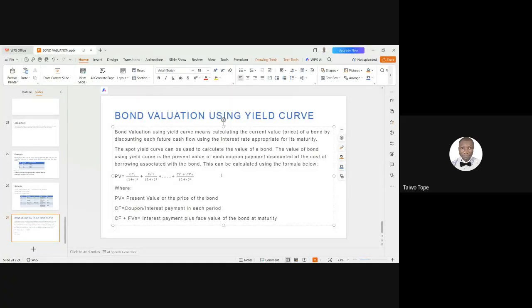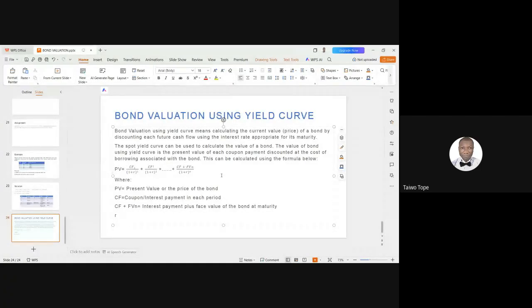And what is your R? R is the market discount rate, or it can be termed the required rate of return. And what is your N?